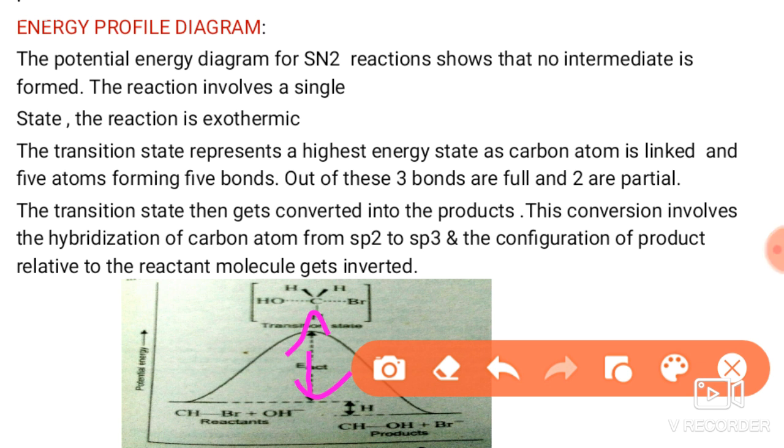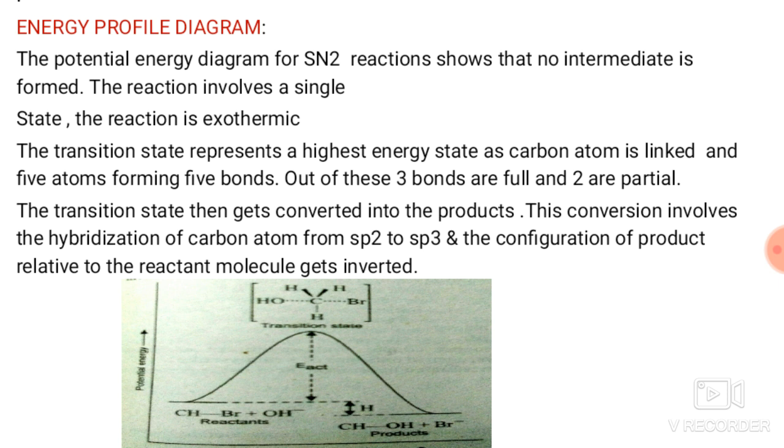In this transition state, the carbon atom is linked to 5 atoms, forming 5 bonds. Out of these, 3 bonds are full, that is carbon-hydrogen bonds, and two are partial, that is the carbon-bromine bond and carbon-hydroxy bond.